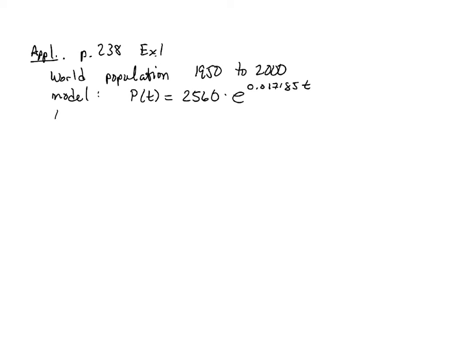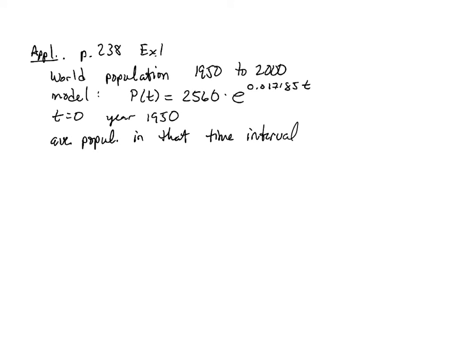Here t equals 0 is the year 1950, and t is measured in years. With that model, we find that the average population in that time interval, we would write that as P sub av, is 1 over the length of the time interval times the integral over the time interval.